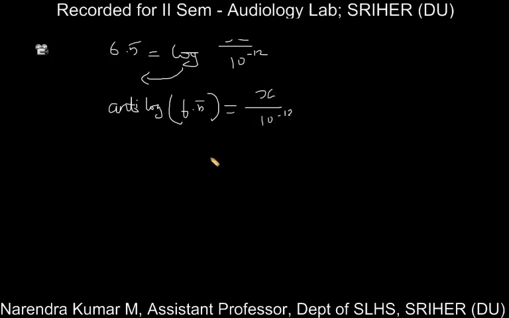So antilog of 6.5 is equal to 3.16 into 10 to the power 6, which is equal to X by 10 to the power minus 12.